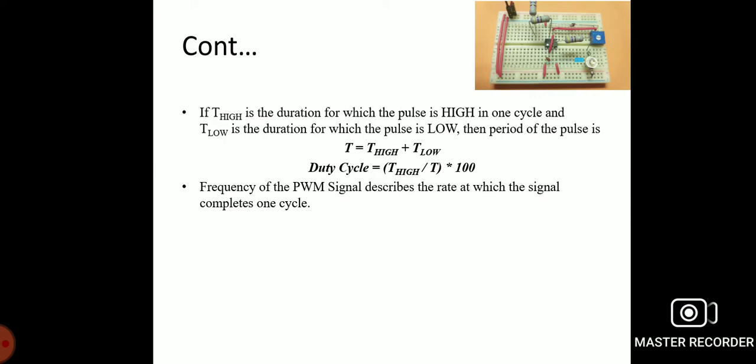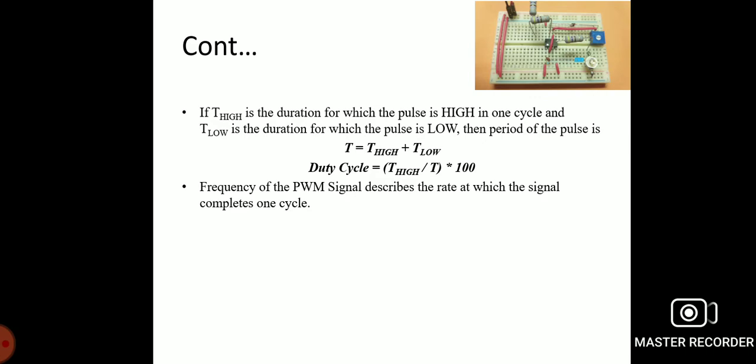So here the time duration of the pulse is high in one cycle and the same as low in one cycle. So the period of the pulse, the total time of the signal, T, is equal to the higher level time period plus the lower level time period.